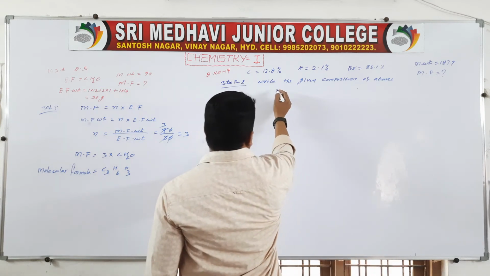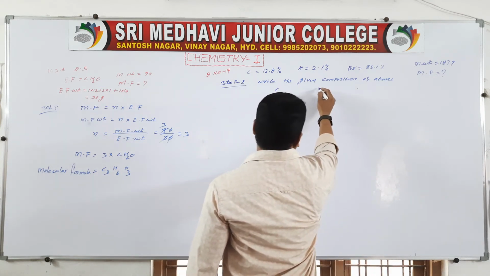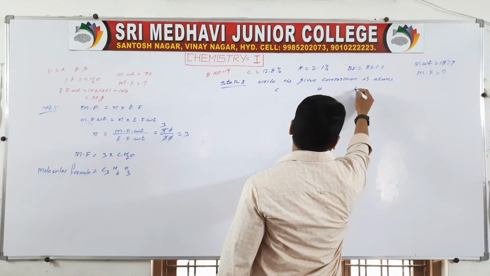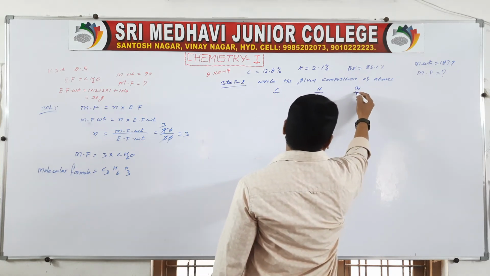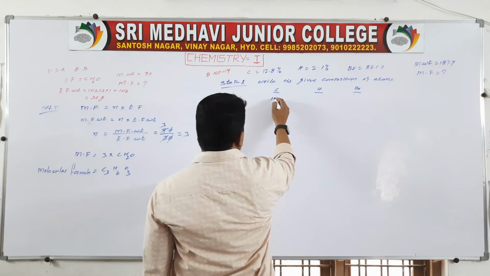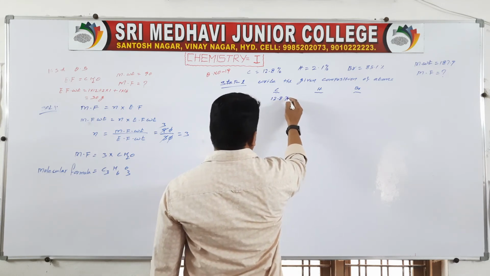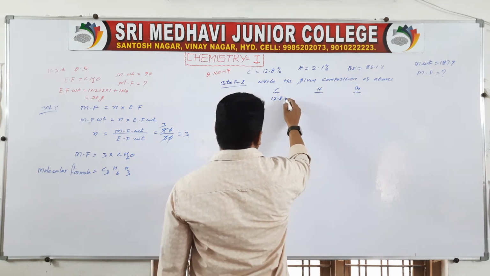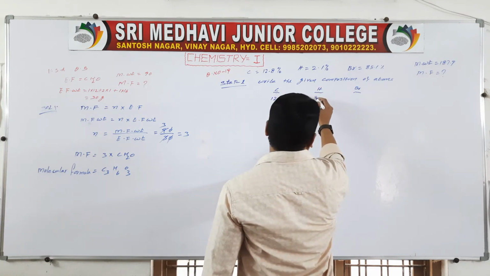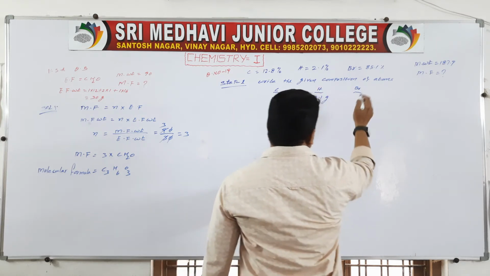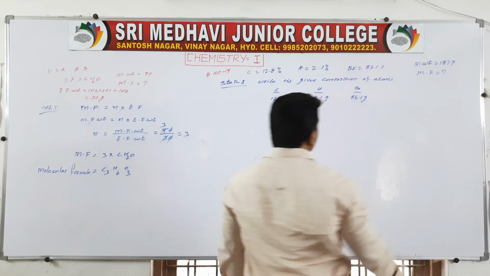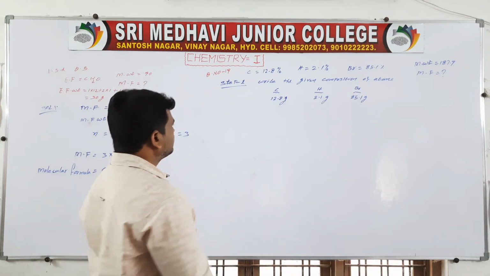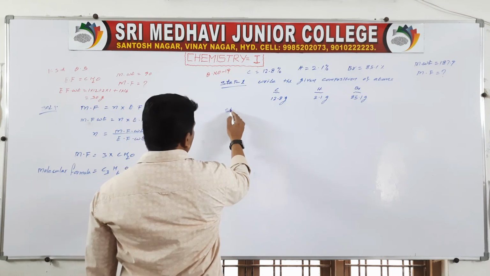Okay, then carbon, hydrogen, bromine. Carbon 12.8 grams, hydrogen 2.1 grams, bromine 85.1 grams.